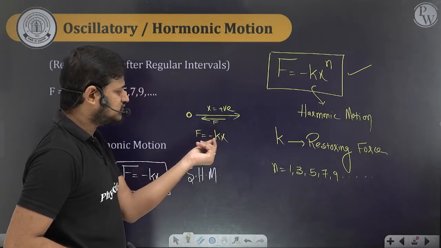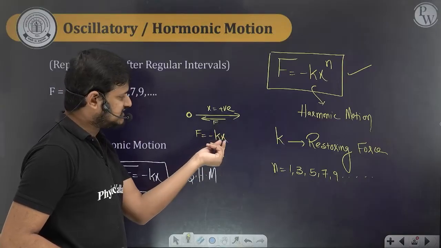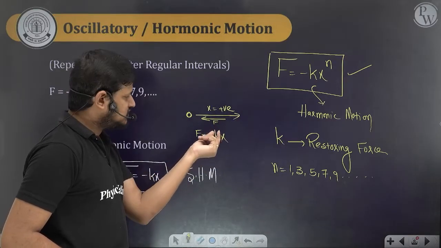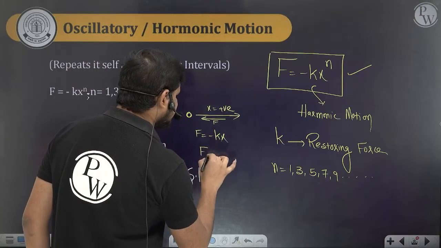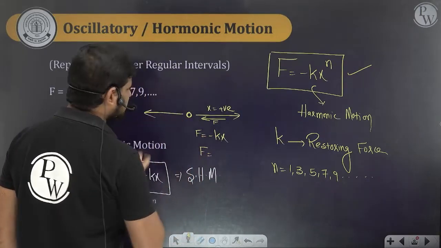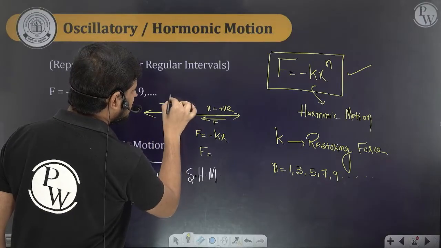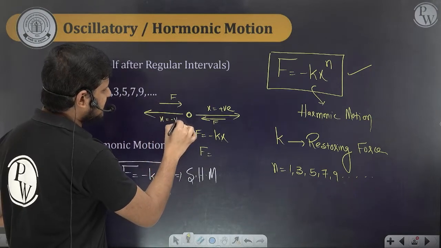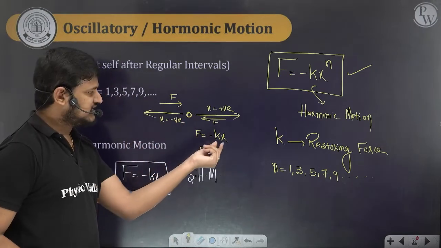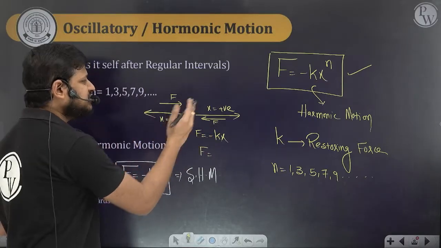If x is positive, F equals minus kx, so it will be negative. And if the particle is going this way, then x is negative, so the restoring force will act towards the right. If x is negative, negative into negative is positive, so F will become positive, which means it acts right.